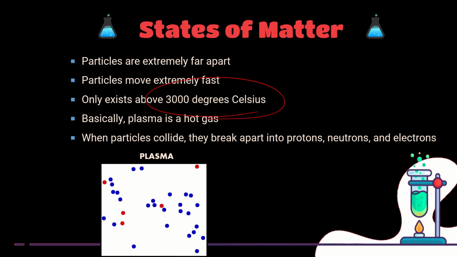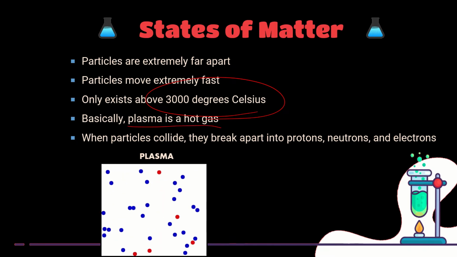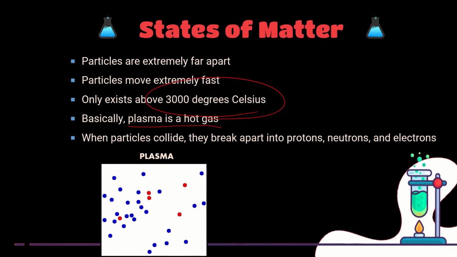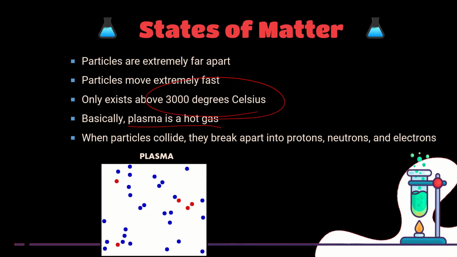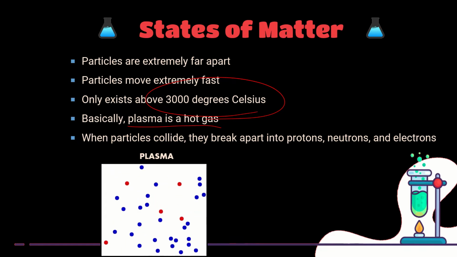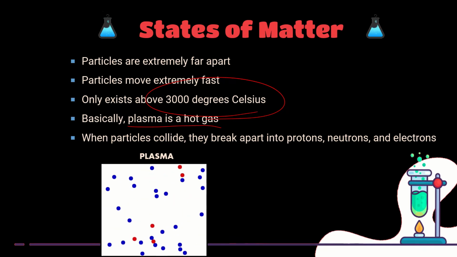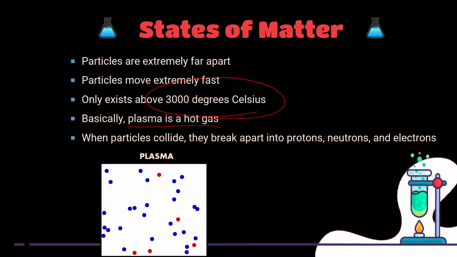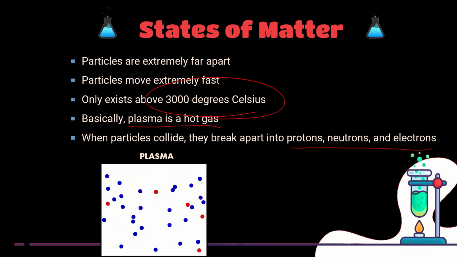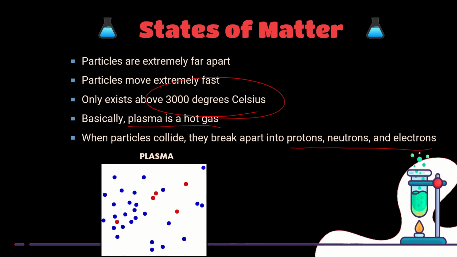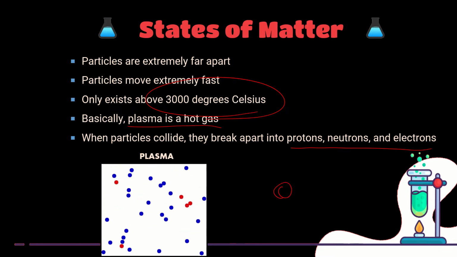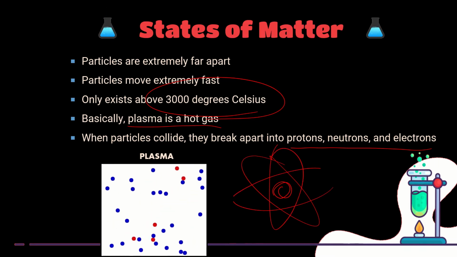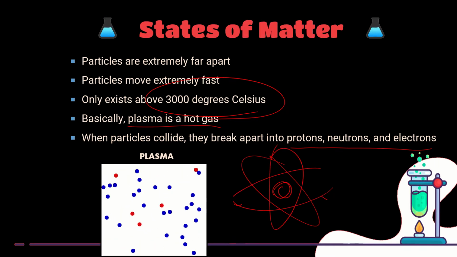So basically, when we say plasma, this is a very hot gas. And because of this amount of energy, sobrang excited sila na kung saan kapag sila ay nag-collide with one another or nakipagbanggaan sila sa isa't isa, mawawasak yung atom. They will break apart into their components, which are the protons, neutrons, and electrons. Kasi ito yung atom natin, for example. Okay? The electrons are the ones that are outside the nucleus.